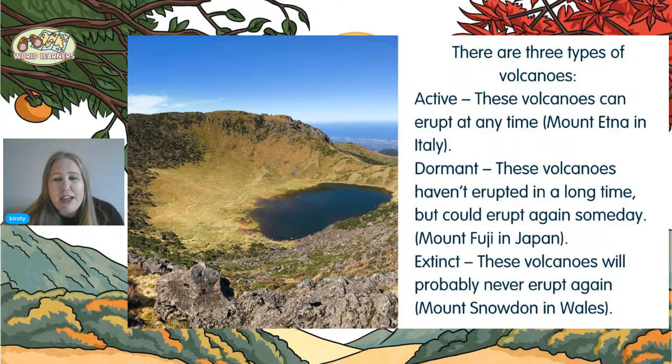It can erupt at any time. It's a bit unpredictable, so it's still classed as an active volcano. The dormant volcanoes, they haven't erupted for a really long time. Mount Fuji in Japan, another example of one of those. And then we've got our extinct volcanoes, and they probably won't ever erupt again. Mount Snowdon in Wales is officially a volcano, although not really referred to as that because it's extinct. It's really more of a mountain now.